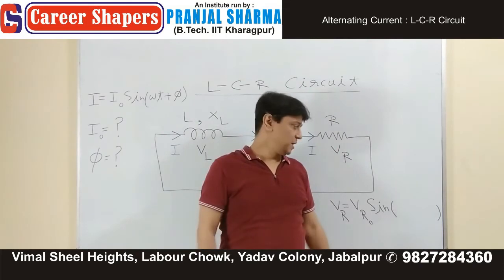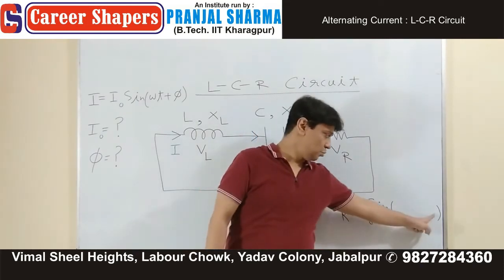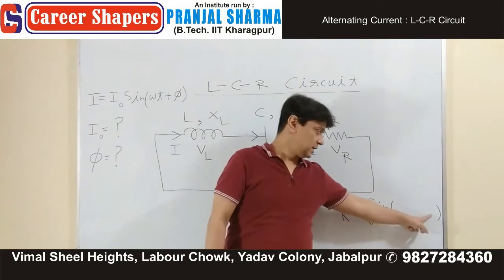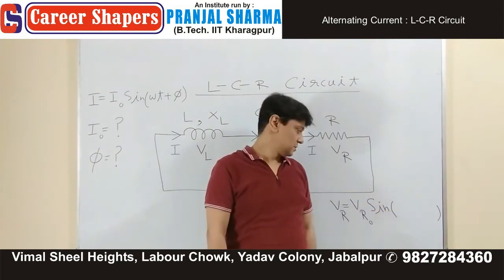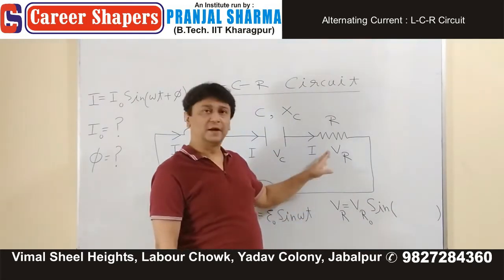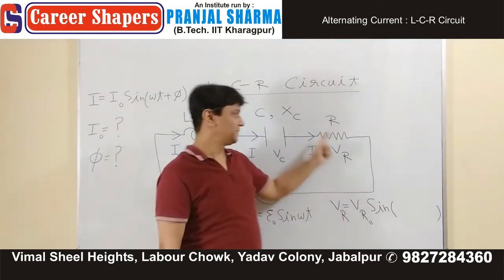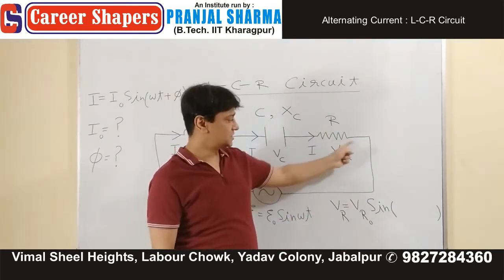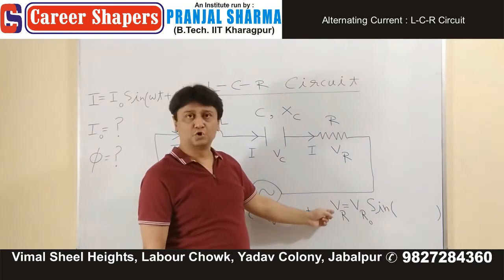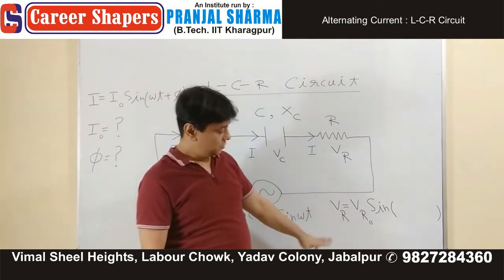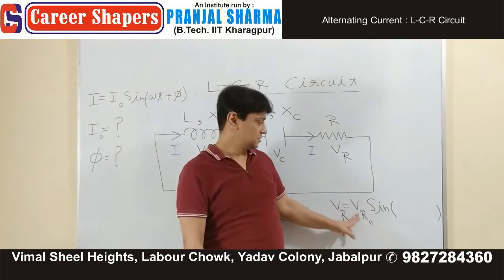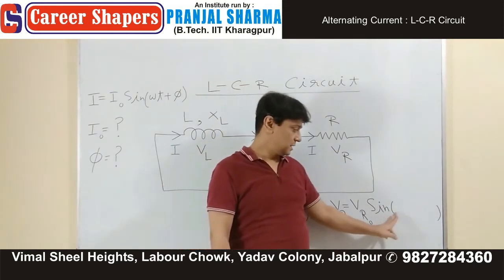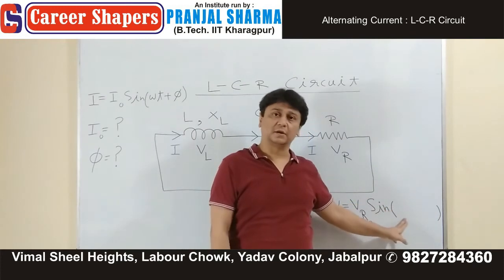Who will tell me what I should write inside the bracket? The instantaneous value of potential difference across the ends of the resistor is VR, which has a certain maximum, VR naught, sine, and then I need to write something.